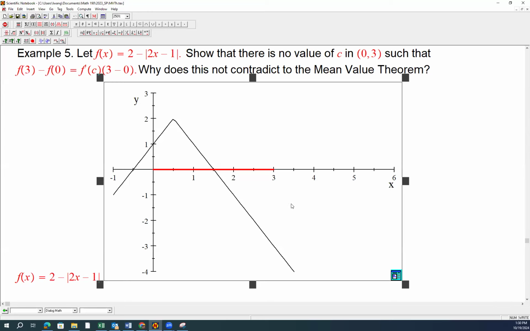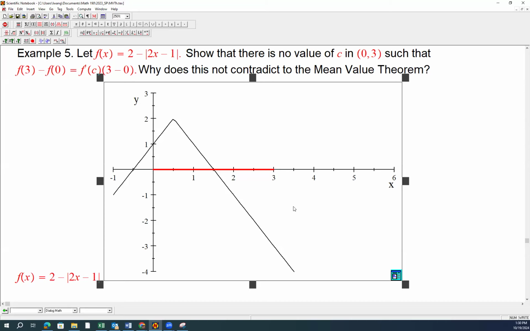The mean value theorem's result is guaranteed only if the conditions are satisfied. If the conditions are not satisfied, do we guarantee the conclusion? The answer is no. Sometimes it may be true, sometimes it may not.